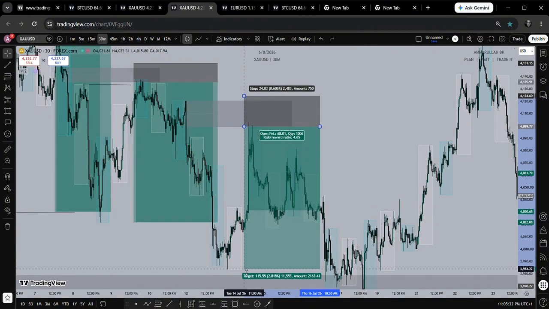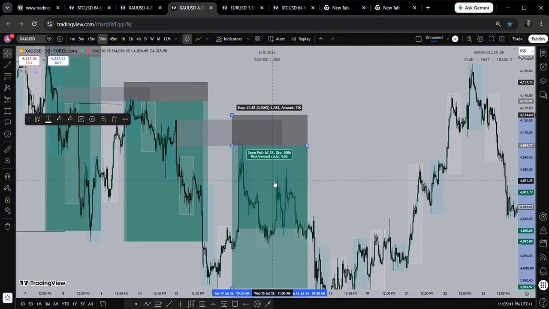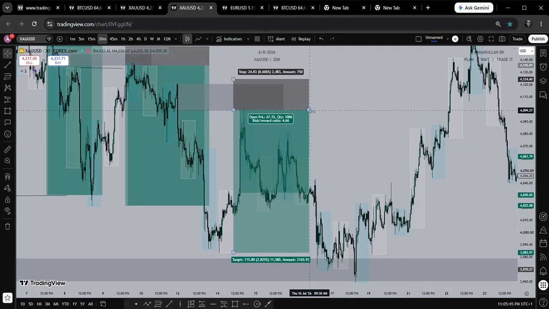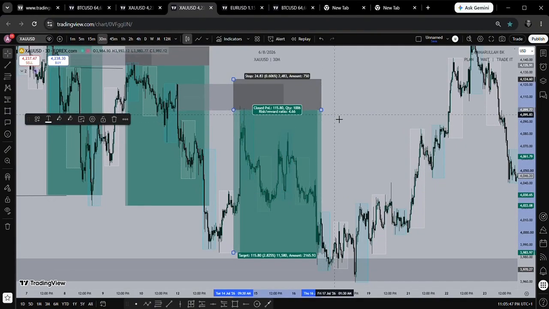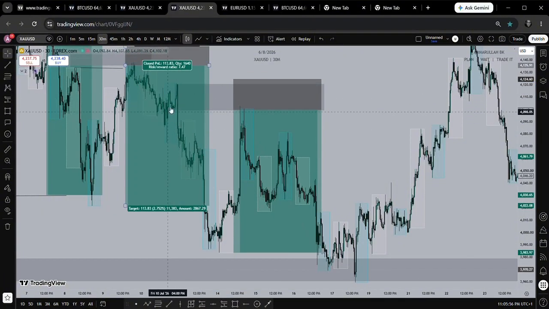So there may be two at a particular place, or maybe more than two. If there are two or more, all of them can be an order block. That is what we call a multiple candle order block, right?